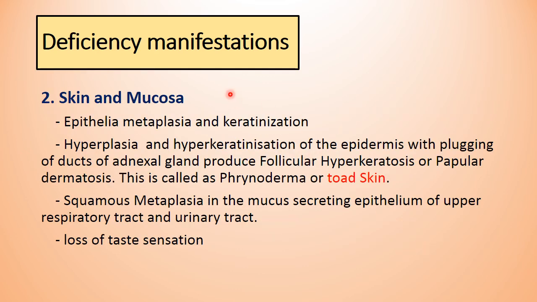Now the second, deficiency manifestations in skin and mucosa. Epithelial metaplasia and keratinization, hyperplasia and hyperkeratinization of the epidermis with plugging of ducts of the adrenal gland produces follicular hyperkeratosis or papular dermatosis.